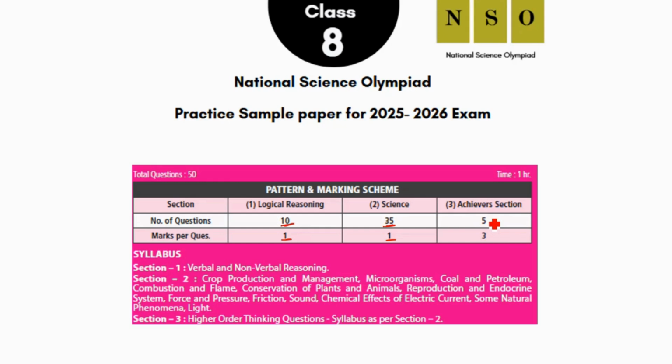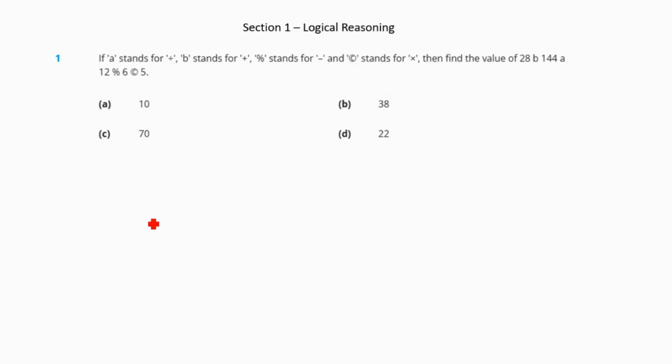Okay, so let's start with the paper. The first section is logical reasoning, and the first question: if A stands for divide, B stands for plus, percentage stands for minus, and copyright stands for multiplication, then find the value of this. So let's understand.